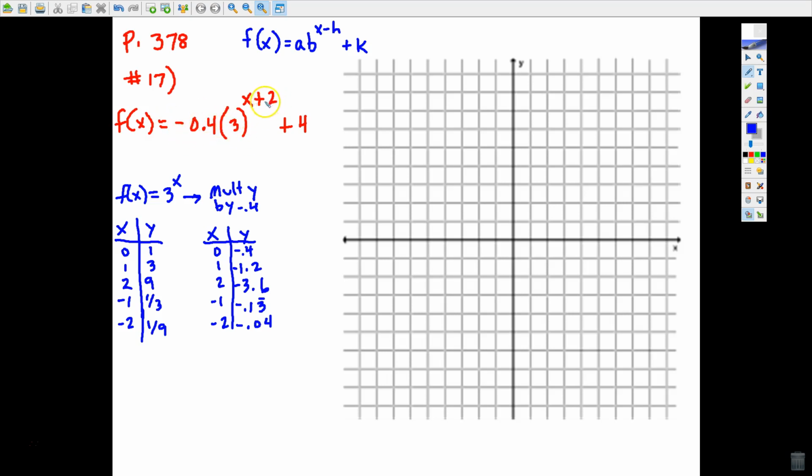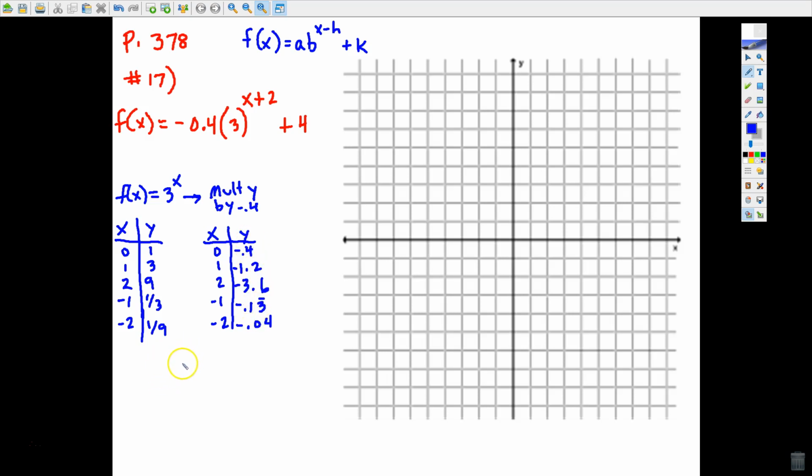And now let's do the movements. These are known as translations. So I'm going to be moving 2 places to the left. Another way to accomplish that is to subtract 2 from each one of my x's. And then I'm going to move 4 places up. Another way to accomplish that is to add 4 to each one of the y's.